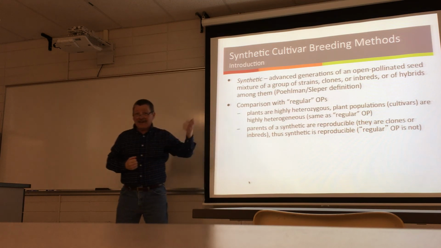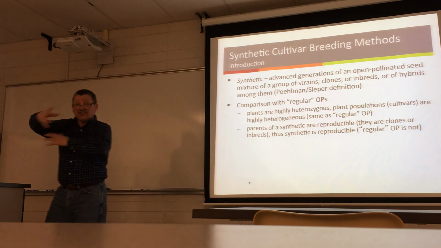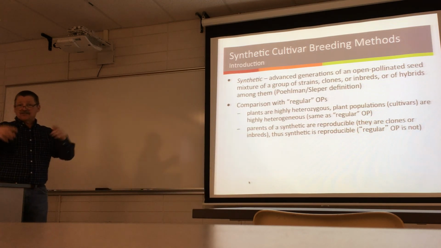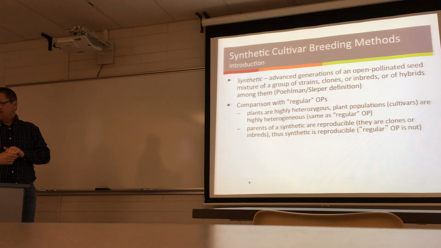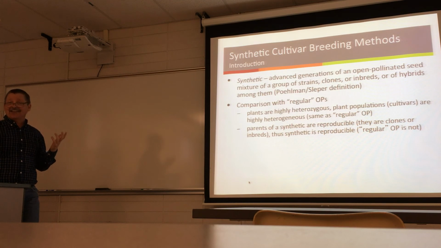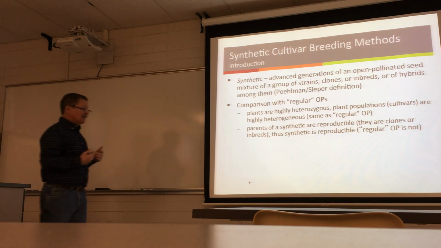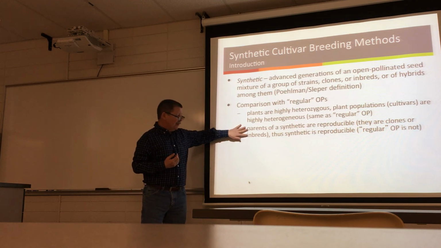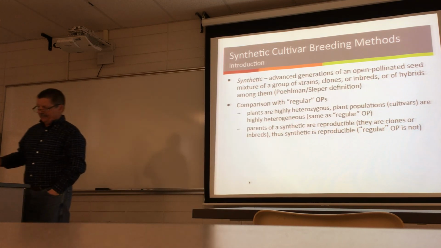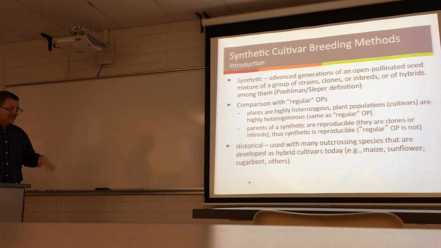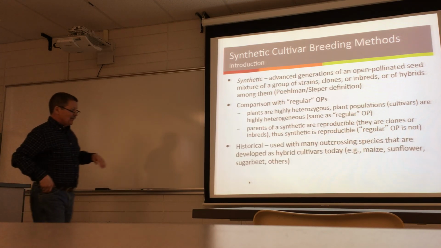An open pollinated cultivar population can change due to the environment, due to some sort of natural selection. And unless you were to save seed in a freezer somewhere, you can't go back and reconstitute that population. That is a variety, but in the case of synthetics, you can. So this is still probably a little confusing. I'll hopefully make this a little clearer.